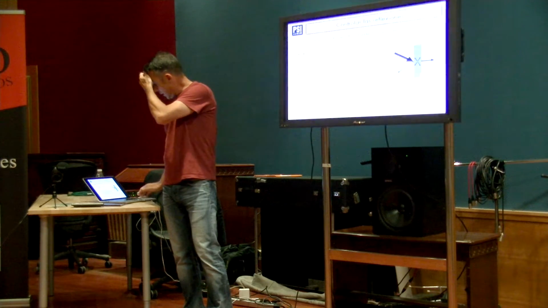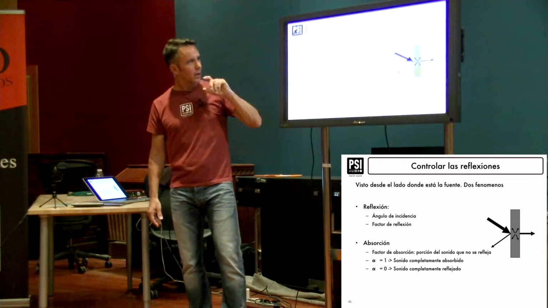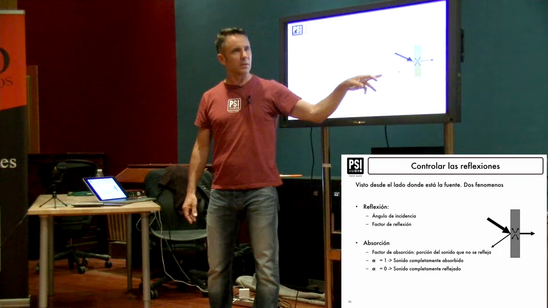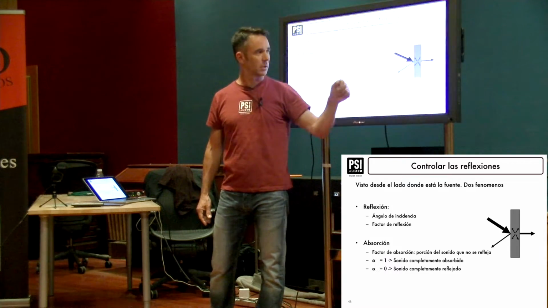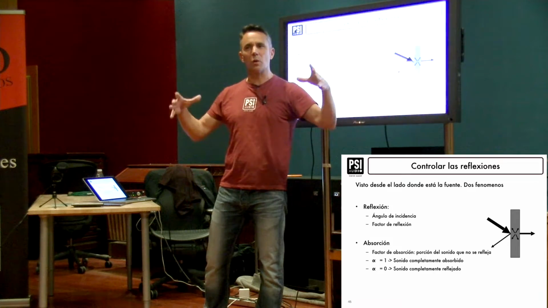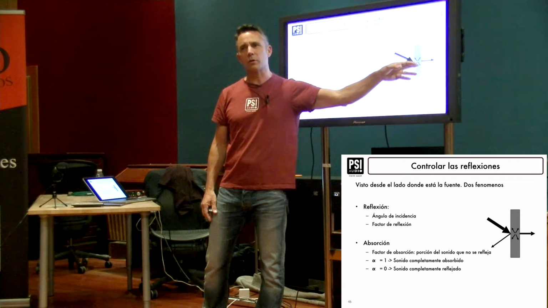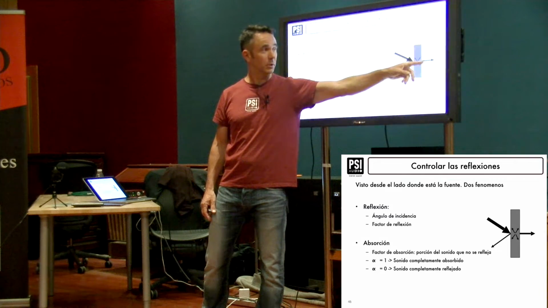Then, when the sound wave reaches a wall, part of it is reflected, part of it is absorbed, and part of it goes through. Okay, this I think you all understand. And when we're inside a room, we don't really bother whether it's absorbed or transmitted further on, although the neighbors will probably notice.